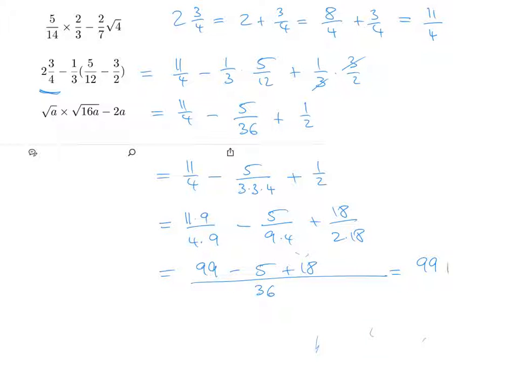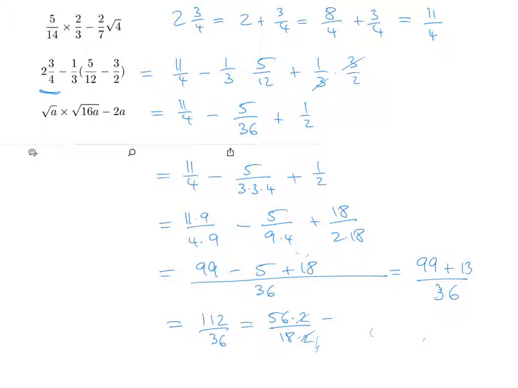And this is equal to 99 plus 13 divided by 36, and then this will be equal to 108 and 12 divided by 36, and then we can check whether it is still possible to simplify this. Well, I see both are even numbers, so let's check how this looks when we divide both by 2. So here we have 18 by 2.